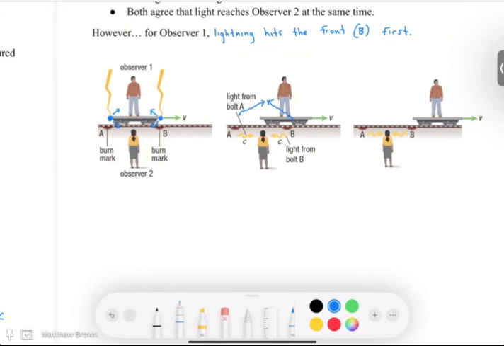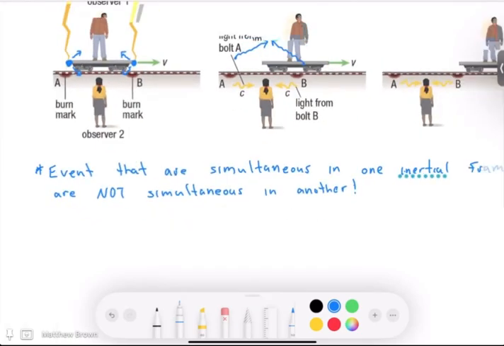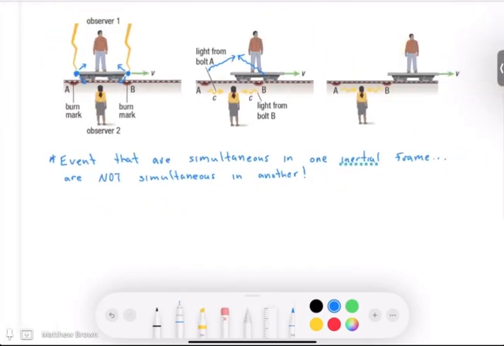Just period. And the other thing is that they're both equally correct. There you go. So it's important. We'll write it down, and hopefully Apple will stop underlining all this stuff and making it seem obscure. But yeah, events that are simultaneous in one inertial frame are not simultaneous in another.